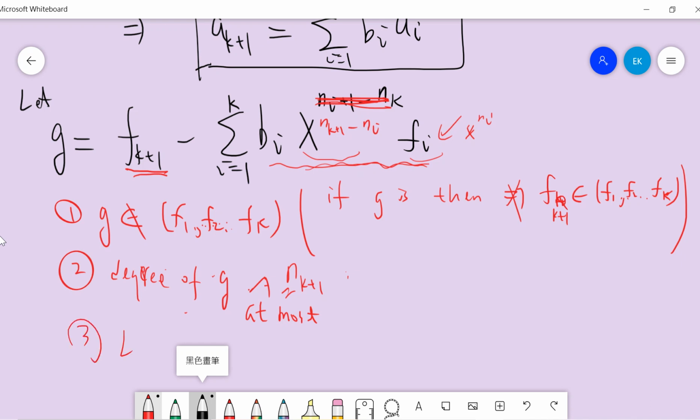However, the leading coefficient of f_{k+1} is a_{k+1}, by definition, and each term subtracted has leading coefficient b_i a_i.